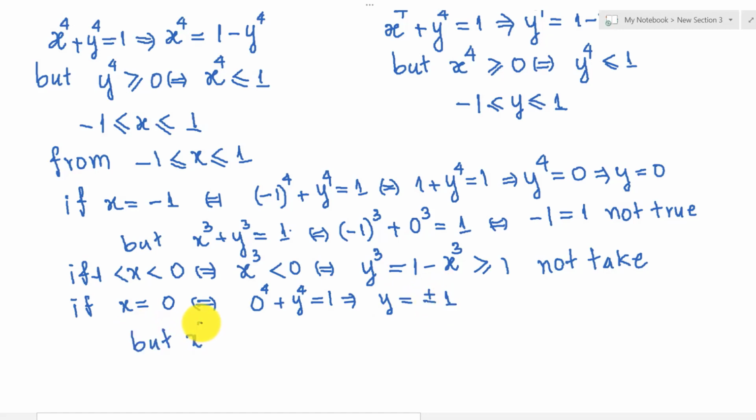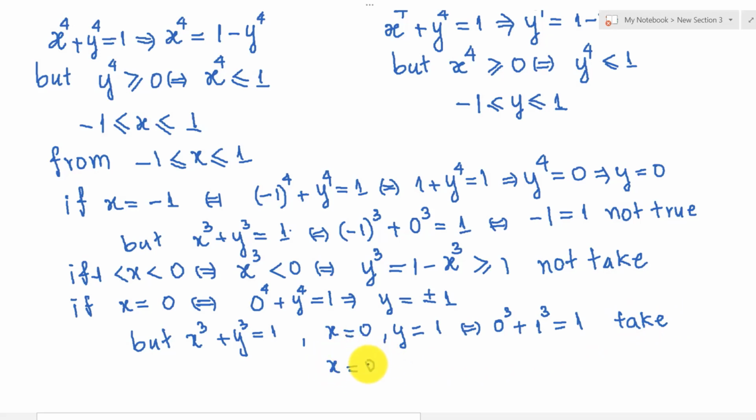But x^3 + y^3 is equal to 1, so x equals 0 and y is equal to 1. We get 0^3 + 1^3 = 1. Okay, take it. It's true.